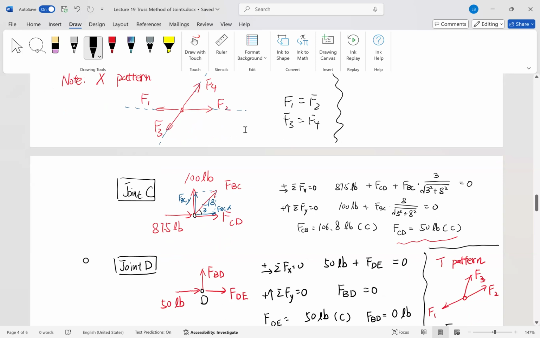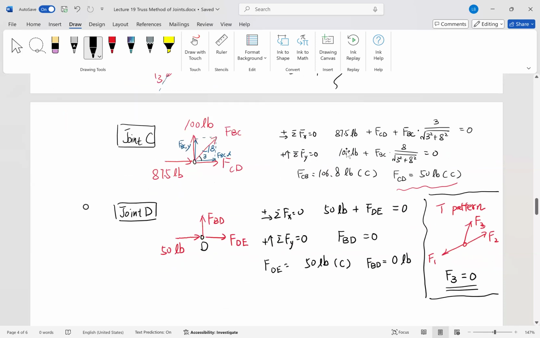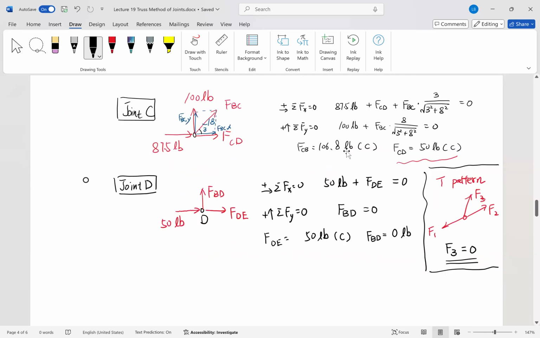It is. That means F4 equals 0, and I can directly remove it. From the X pattern, we have F3 equals F4, but F4 equals 0, then F3 has to equal 0. So no matter how you look at it, it works.